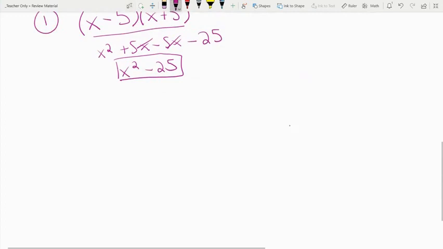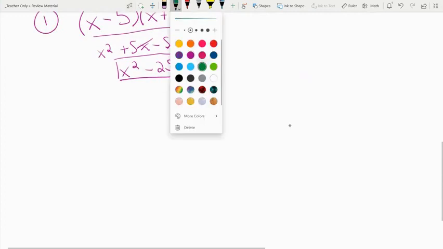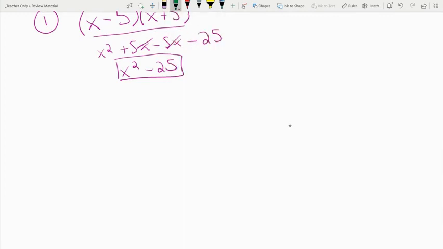Situation 2, let me just change colors. Okay, situation 2 is when you have, and we saw some of this in second try, x plus 5 squared, okay?